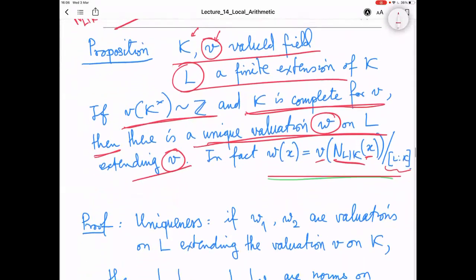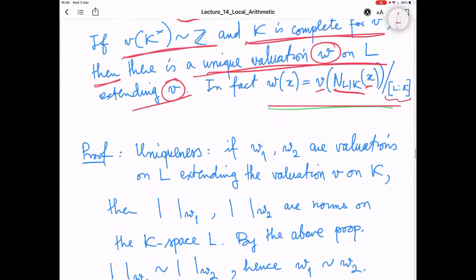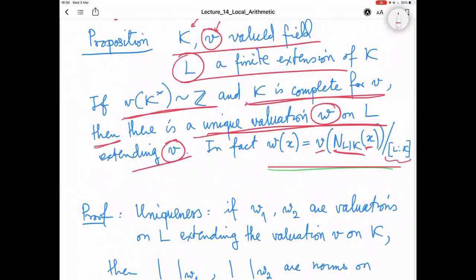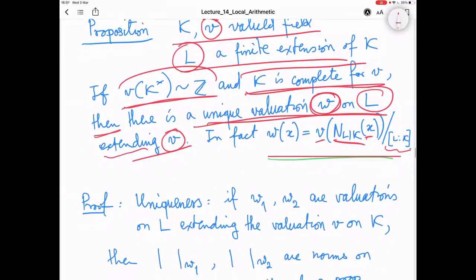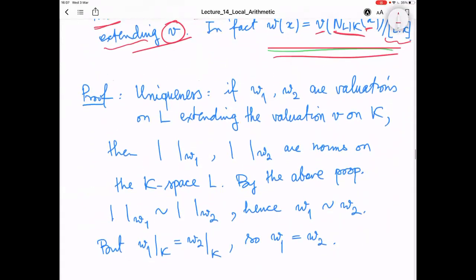So that's the norm which is being used here. Okay, so this is what we have to prove: that if the valuation is discrete and K is complete for that valuation, then there's a unique valuation W on L which extends the valuation V on K. And there's this explicit formula.